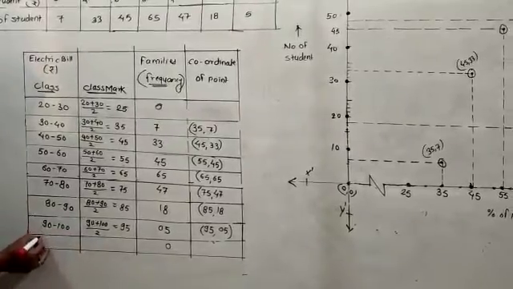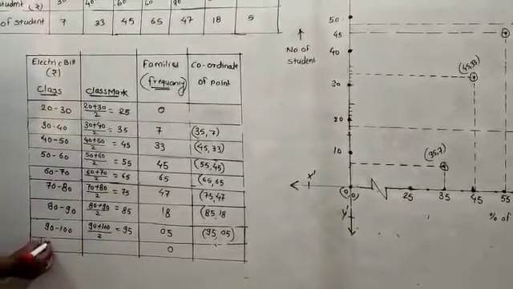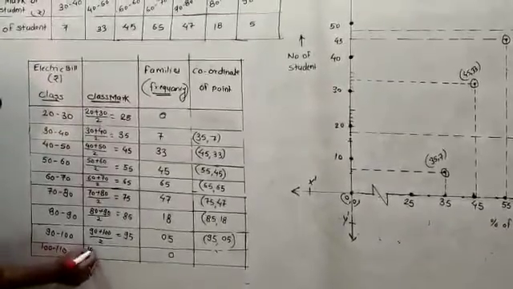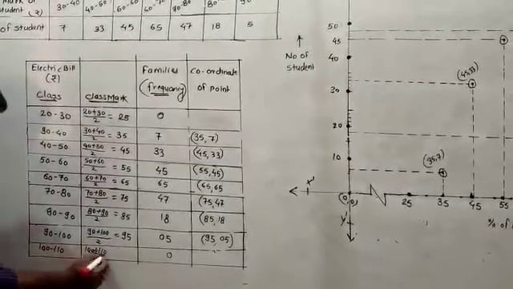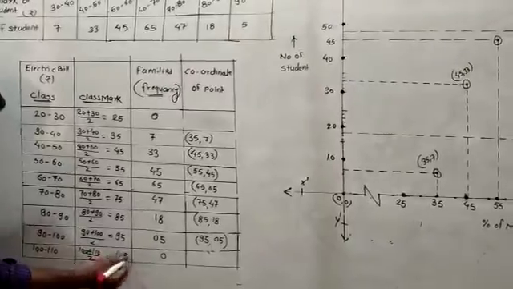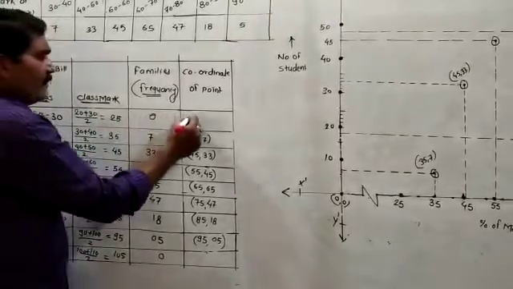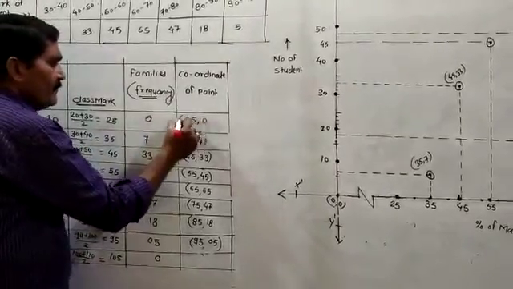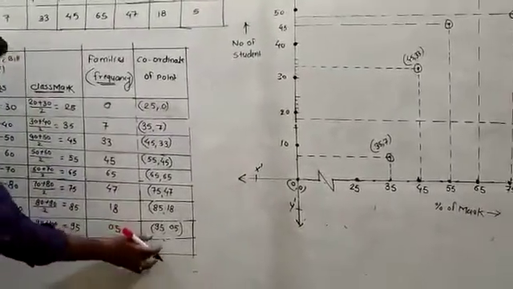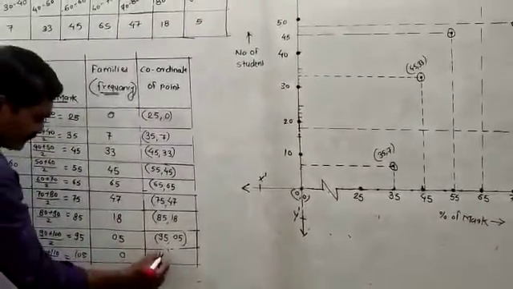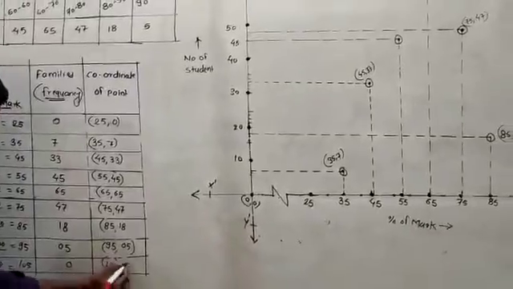The last class will be 100 to 110, with class mark 100 plus 110 divided by 2, which is 105. So the coordinates of these points are 25, 0 and 105, 0.